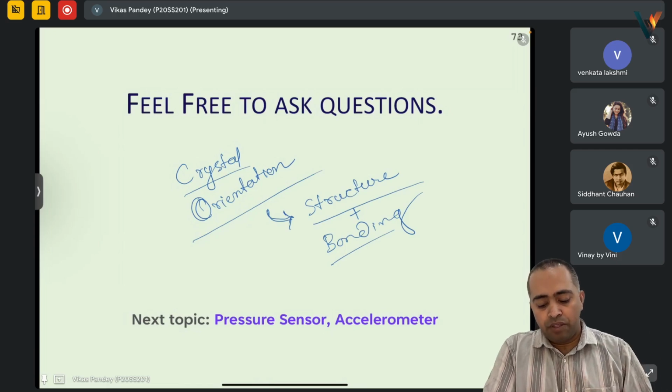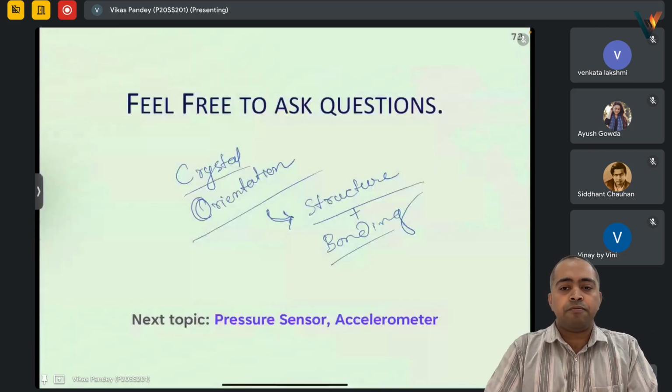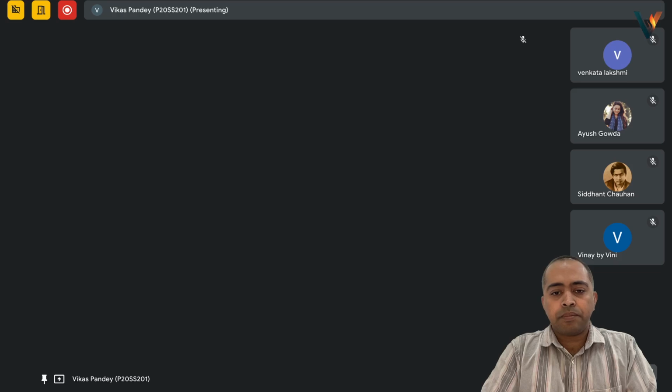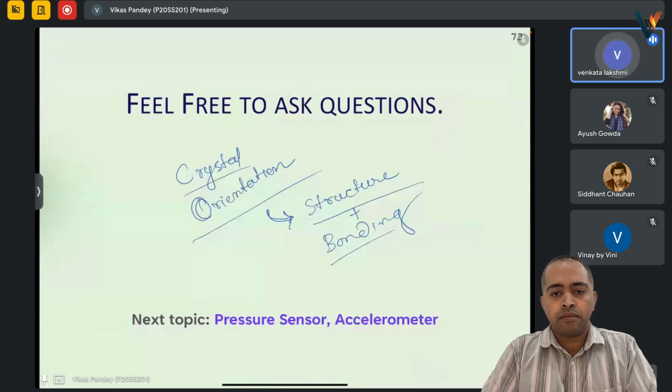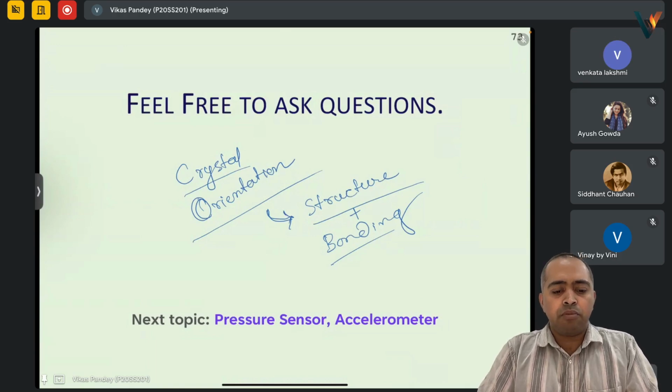So anything else you would like to ask? Anyone? Sir, in India, are we constructing large scale microsensors, or only for research purposes? Till some years back, we were mostly producing for research.